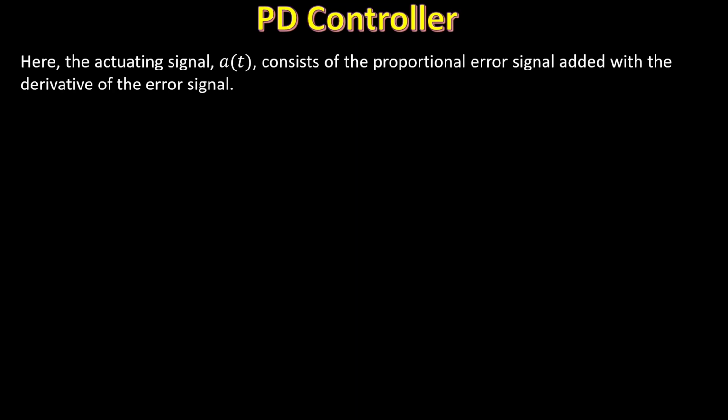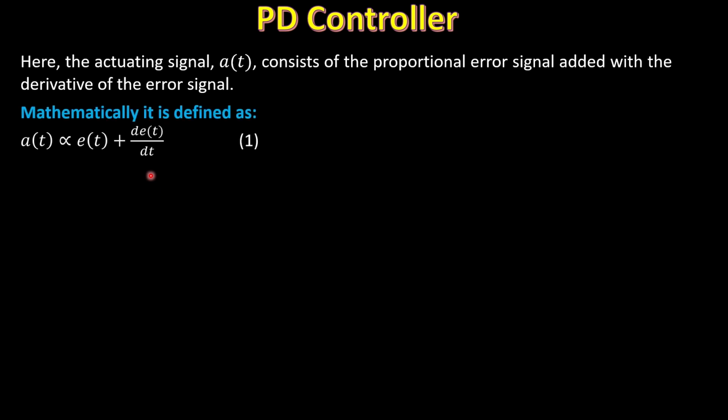As I have said, in a PD controller, the actuating signal is not only proportional to the error signal, it is also proportional to the derivative of the error signal. Let me explain it with the mathematical expression. This is the actuating signal. It is proportional not only to the error signal but also to the derivative of the error signal.